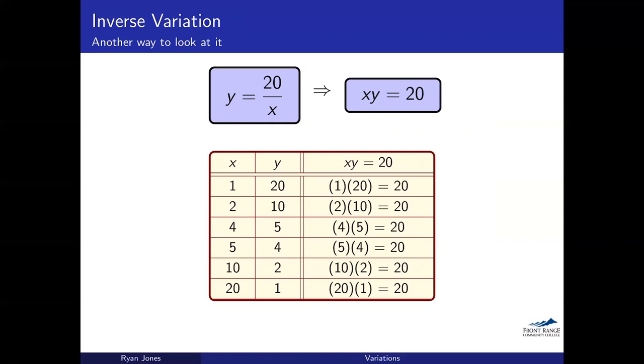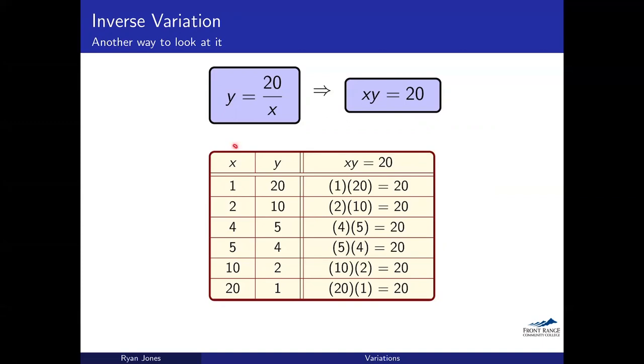If k is equal to 20, now what I can do is I can actually multiply both sides of this equation by x. And if I do that, I'm going to end up with x times y equals 20. So that's just me taking this and multiplying by x on both sides. And if I have that xy equals 20, what that's saying is whatever my two variables x and y are, that's going to be equal to 20.